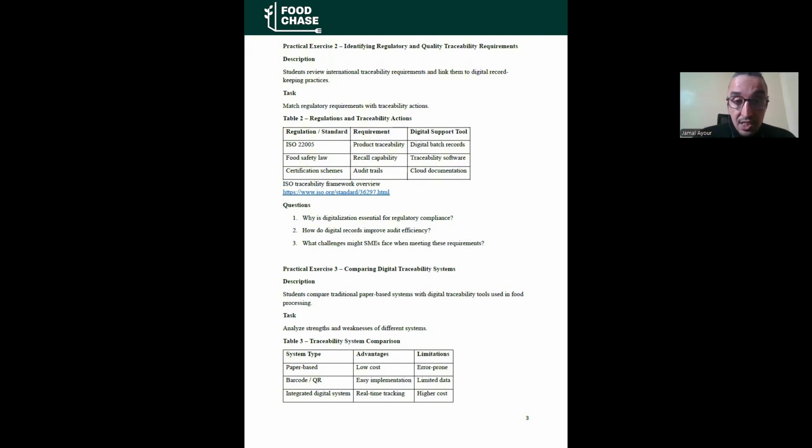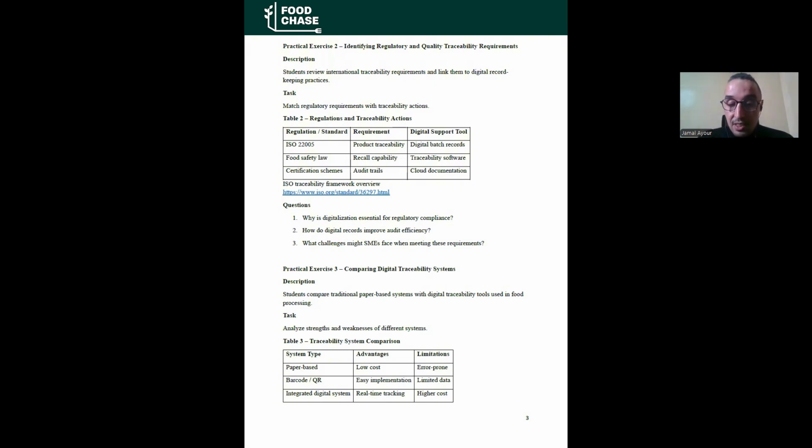Let's move to exercise number 3 regarding comparing digital traceability systems. Students compare traditional paper-based systems with digital traceability tools used in food processing. We have this table with different system types, the advantages of each system, and also the limitations of each system.